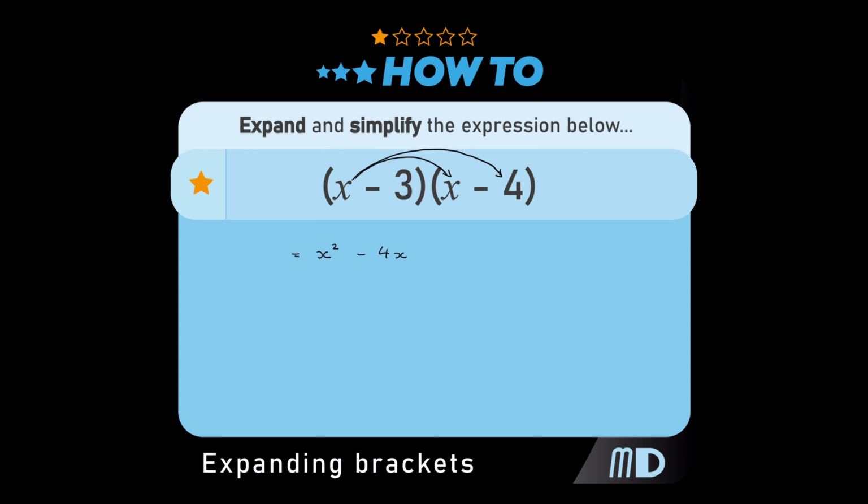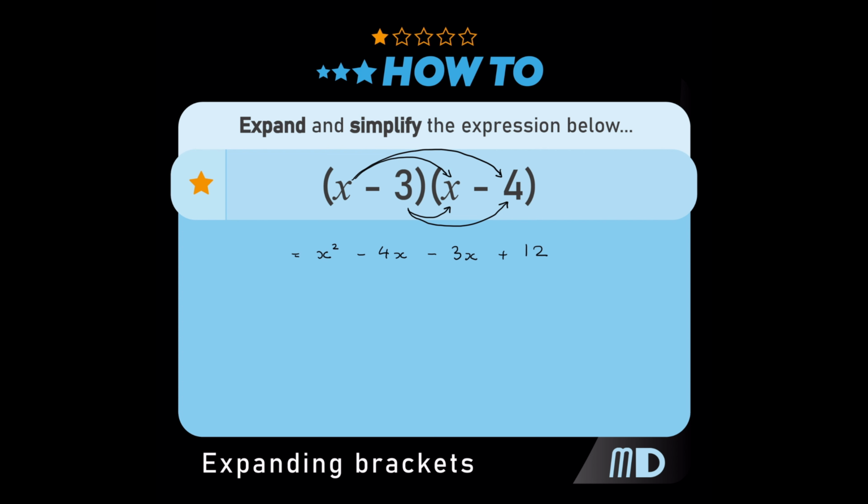Then we multiply minus 3 by each term in the second bracket. So minus 3 multiplied by x is minus 3x, and minus 3 multiplied by minus 4 is 12.